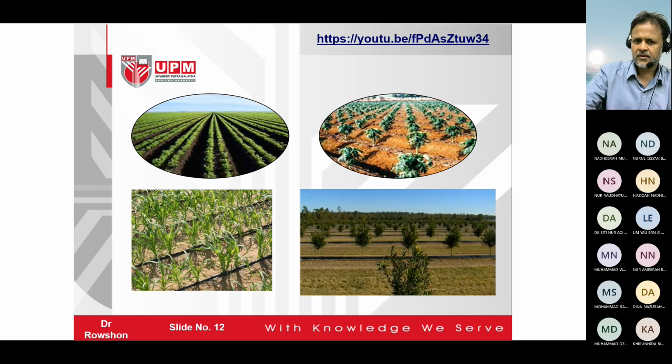We have closely grown crops like vegetables, because vegetables grow very close, like carrot, cabbage, cauliflower. These crops are planted very closely, so usually the leaves cover the area. There are also crops like corn, planted maybe 15 or 20 centimeter plant to plant, and then the row distance is here, because we need to keep some distance, otherwise you cannot move.